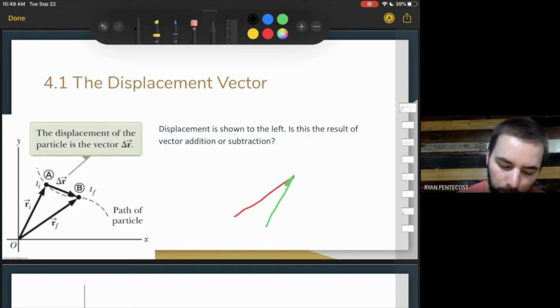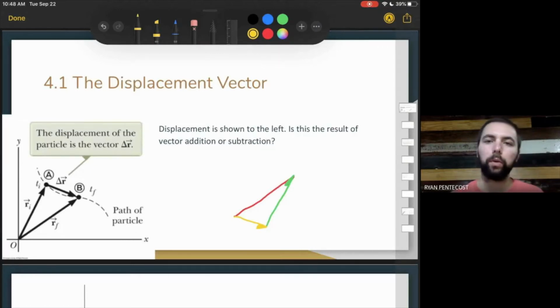Let's do that in gold. Okay, so this is subtraction. Remember, you should draw your subtraction with the tail on the other end, but I did not do that. Now, if we move that guy over here, what do you know? It matches, right?